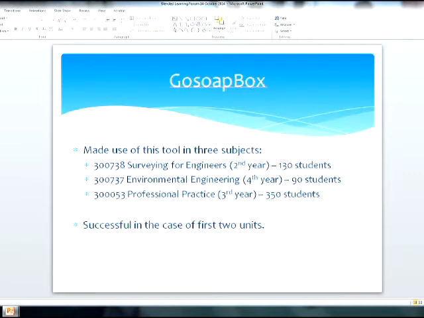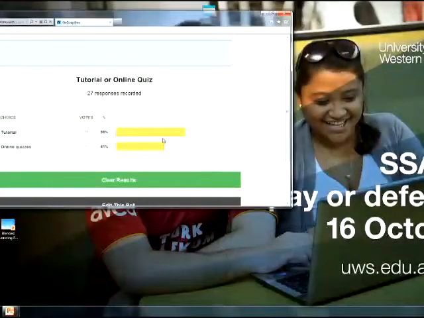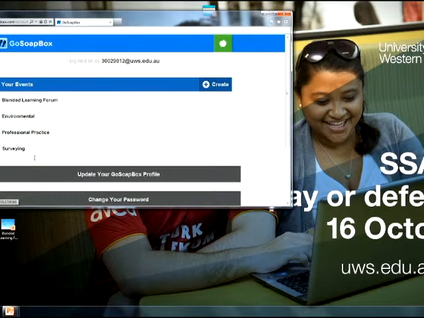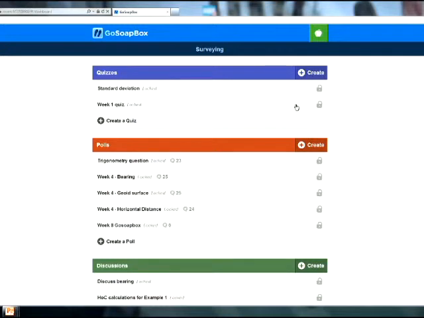And quickly I'll just go through a couple of those examples here. In surveying, we do have lots of equations. I used the discussions and polls.